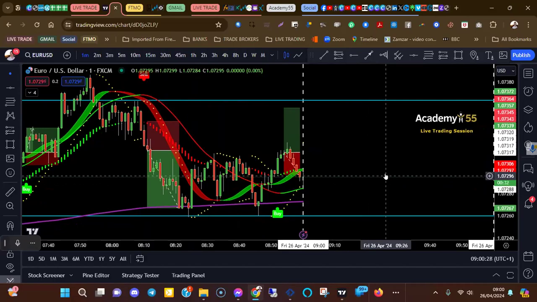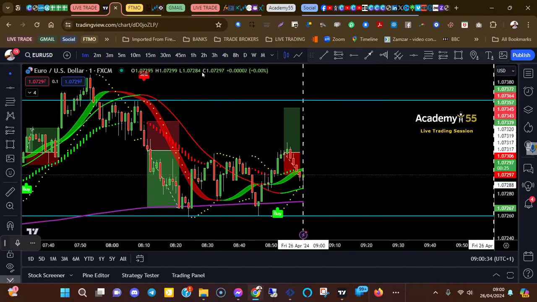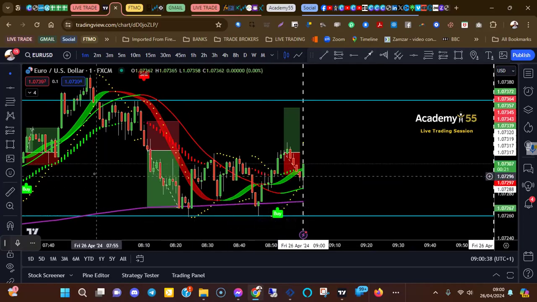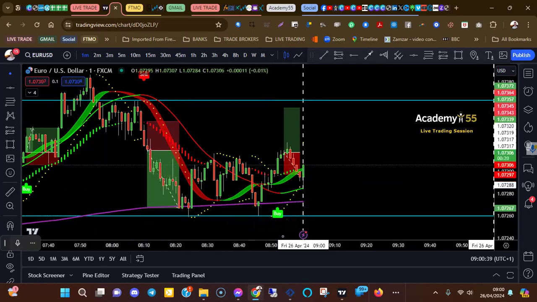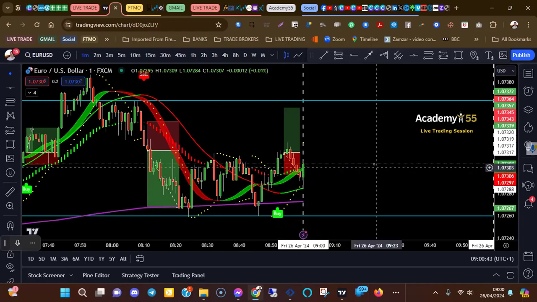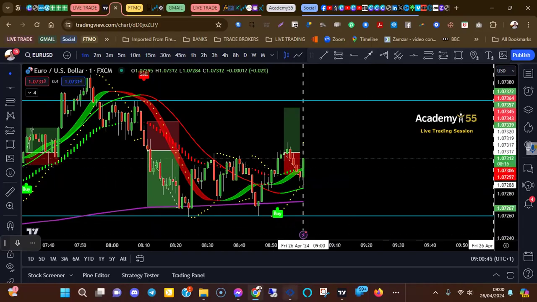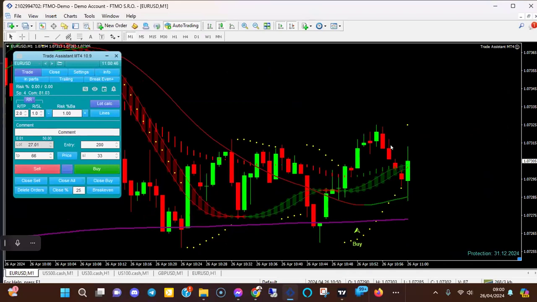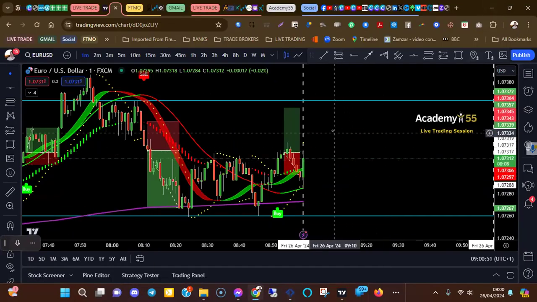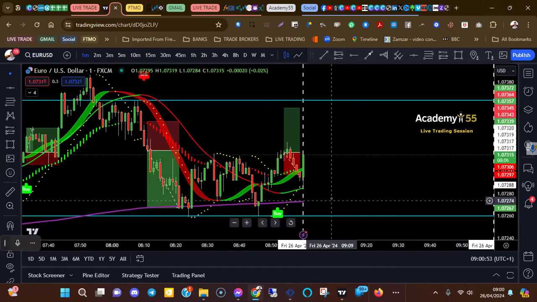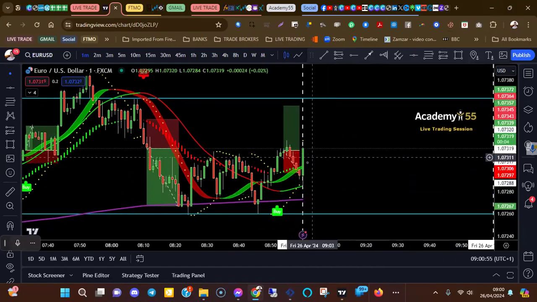But now the next alert I can take is a sell alert, because it goes buy, sell, buy. So we're at 9 o'clock now, and the parabolic SAR is above the price. Price is down, but we have had a large volume now.